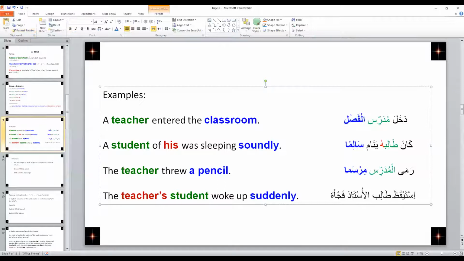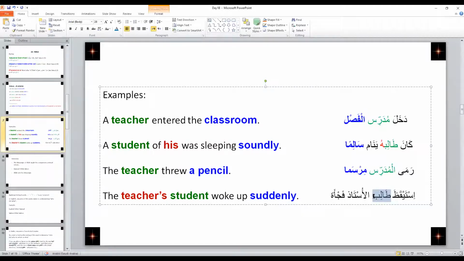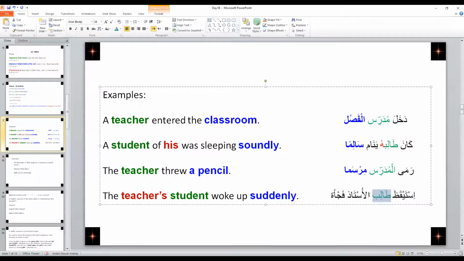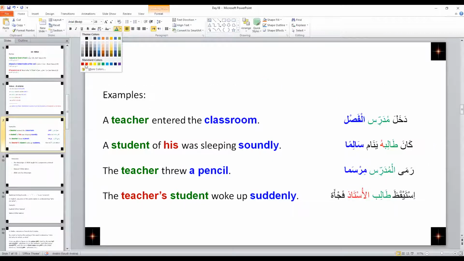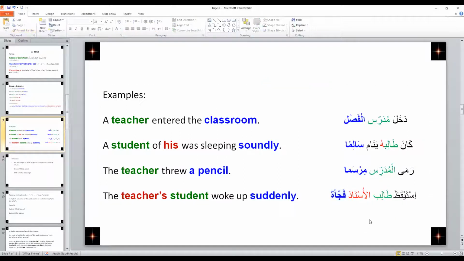And then استيقظ الطالب استيقظ طالب طالب الأستاذ. So طالب here is in Rafa status, so it is green. Al-Ustadi is in Jar status, so it is red. Faj'atan is in Nasb status, so it is blue. So we use this blue here and color it like that. Basically, that's what we did earlier.